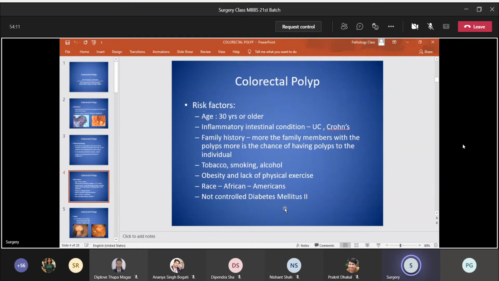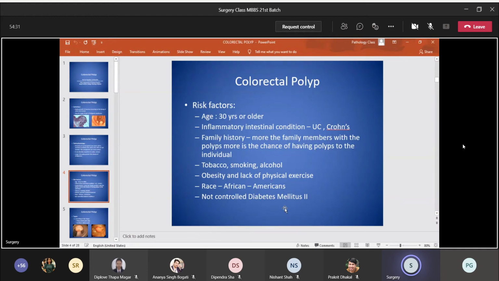So if the parents, mother and father, the maternal uncle, the paternal uncles have polyposis in the family, then the offspring, sons or daughters, have a very high incidence of getting polyps.